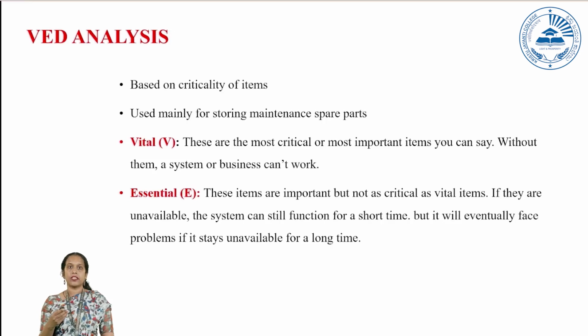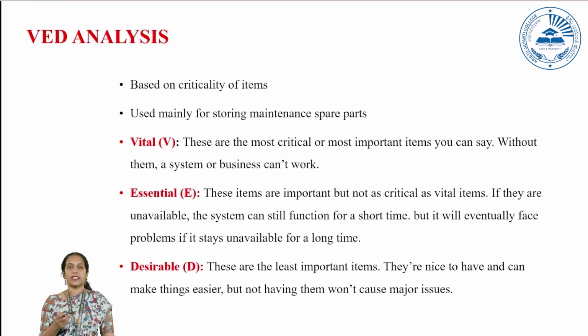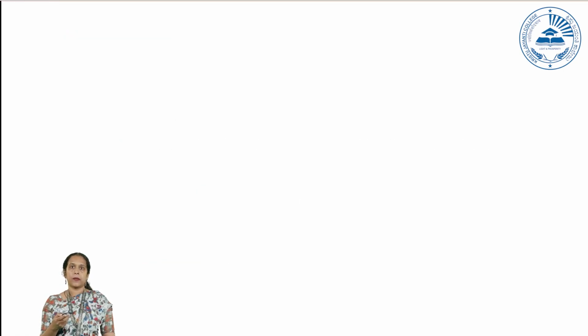But after that, they should make sure that they have this item. That is what essential comes under. And next is the desirable. These items, even if they are not there, you can do your production. It is not needed, but if it is there, it is good for the company.